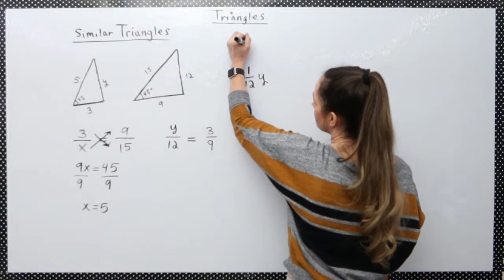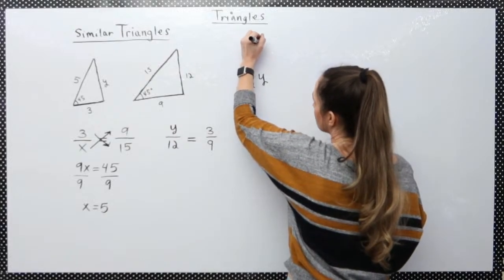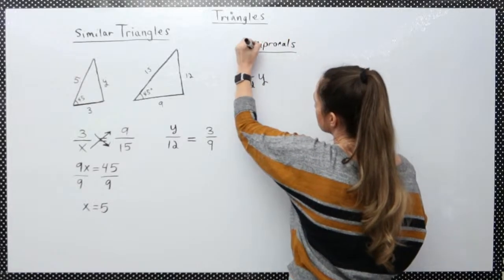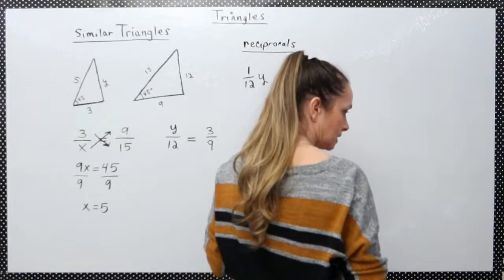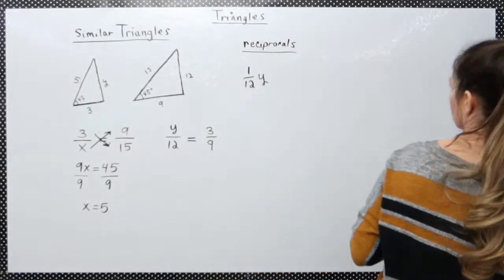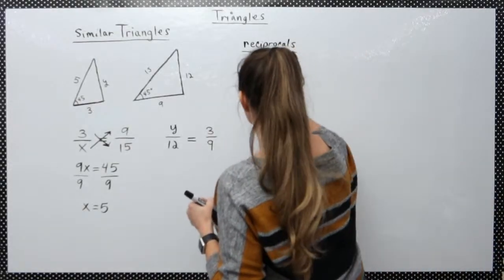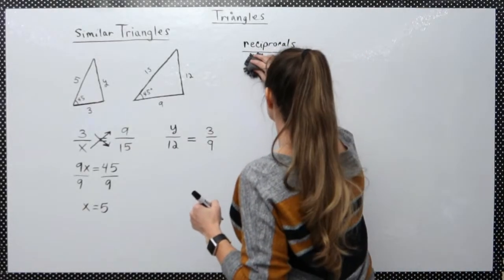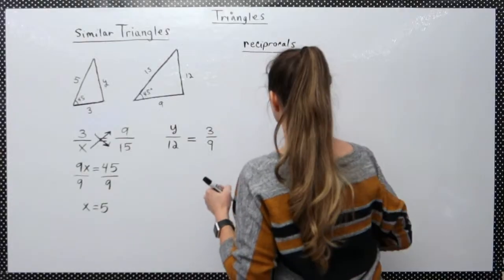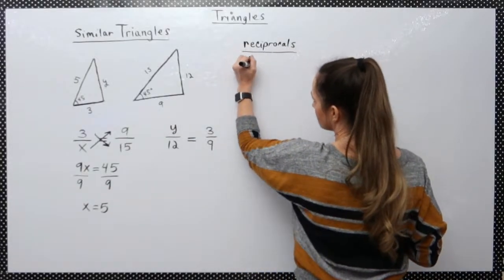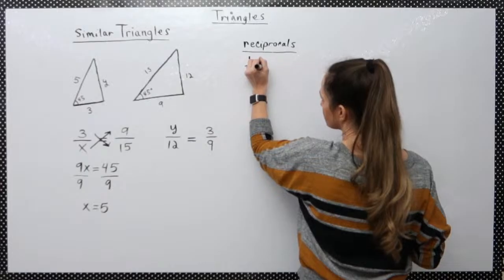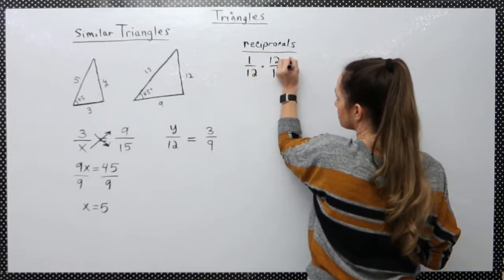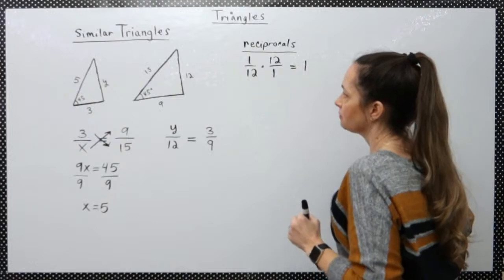So every number has a reciprocal, and the product of a number and its reciprocal is 1. So that's how you find it.